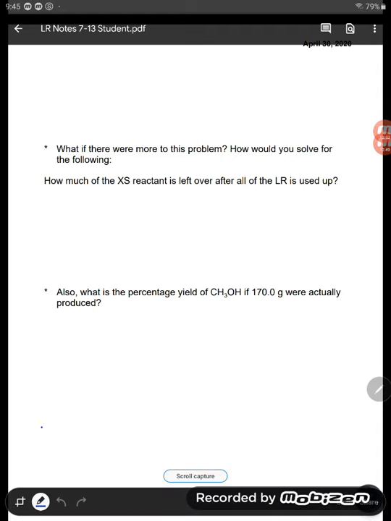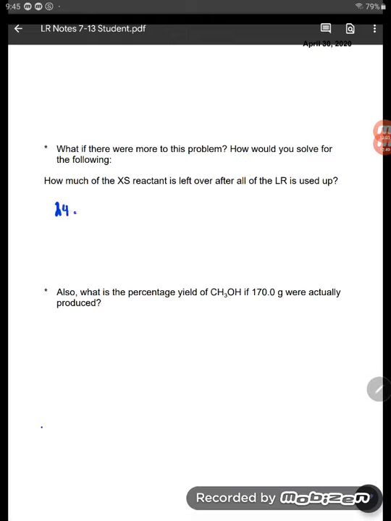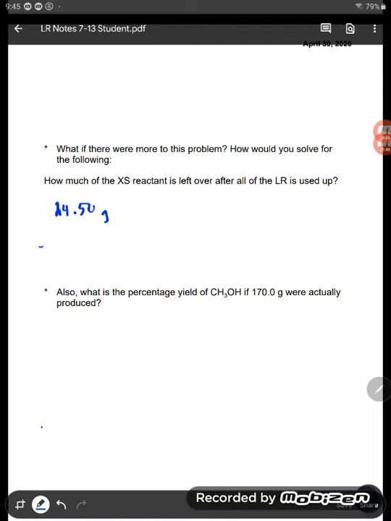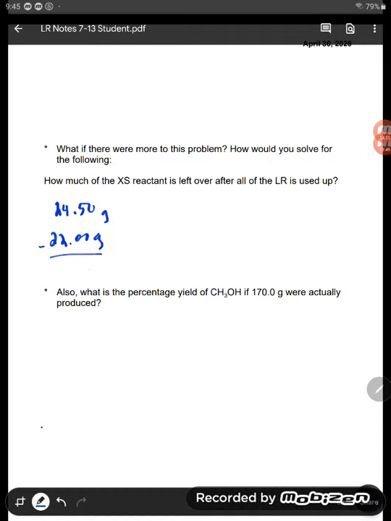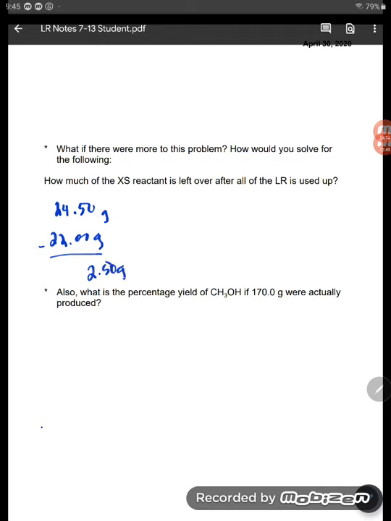How much of an excess reactant is left over then? So if we go back to the beginning, we were told that we have 24.50 grams. If we subtract that 22.00 grams, we end up with 2.50 grams of H2 remaining.